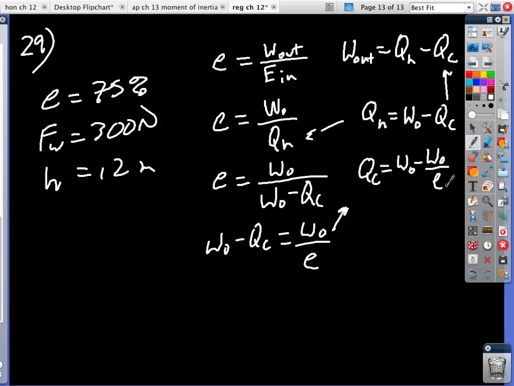Isn't that going to be less than 1? It's going to be negative. That's interesting. That's going to be a negative number, isn't it? Does that make sense?